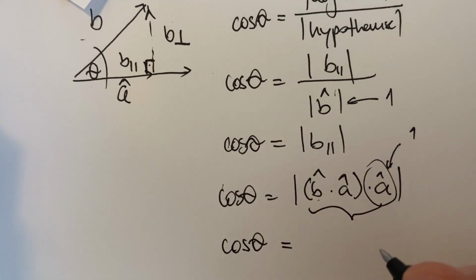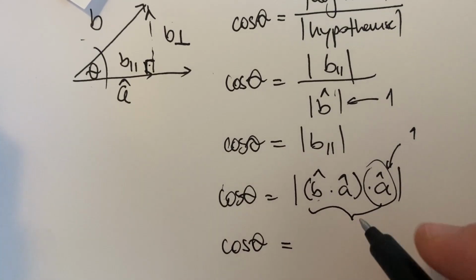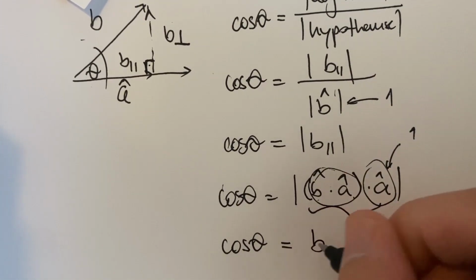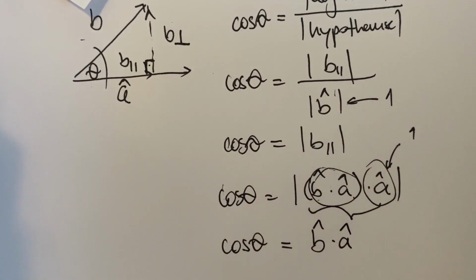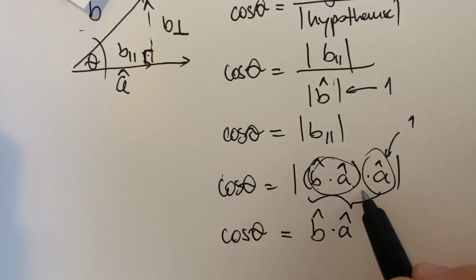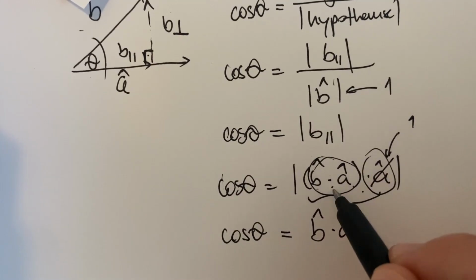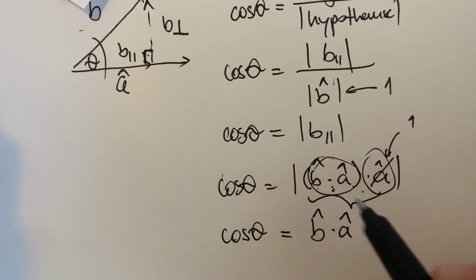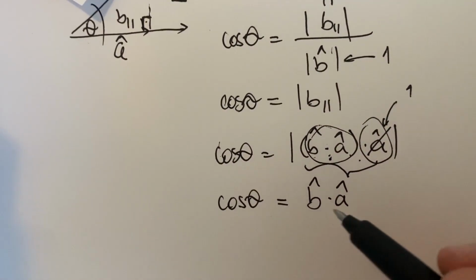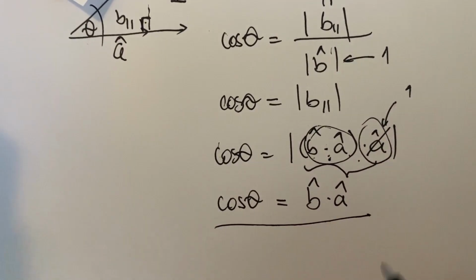So cosine theta is going to be equal to this. Why? Because we said this is a vector. Without this, it's actually the length. It's the dot product of the original projection onto this unit vector. And we get this expression over here.